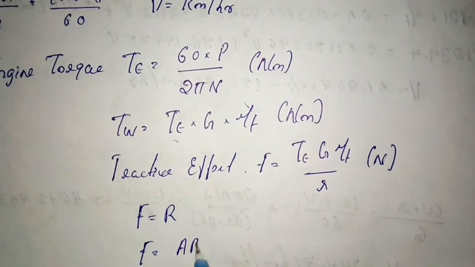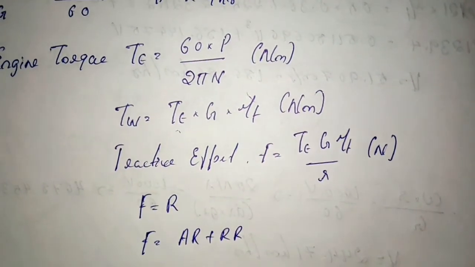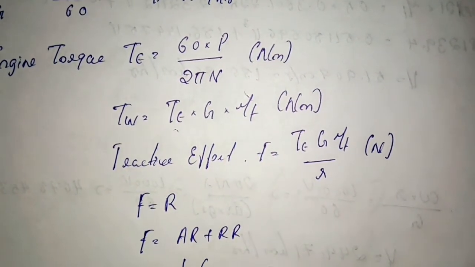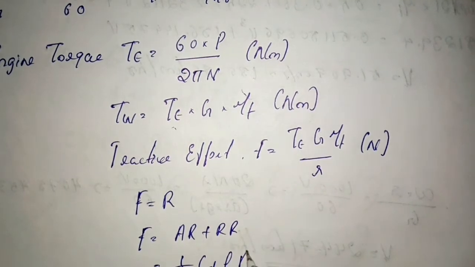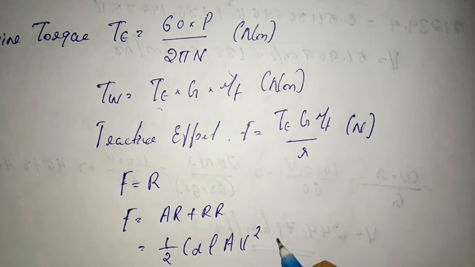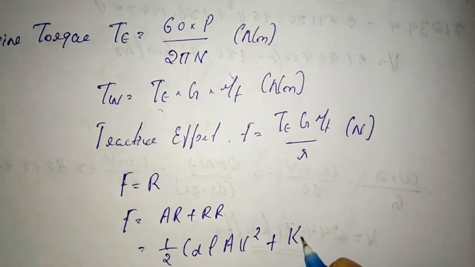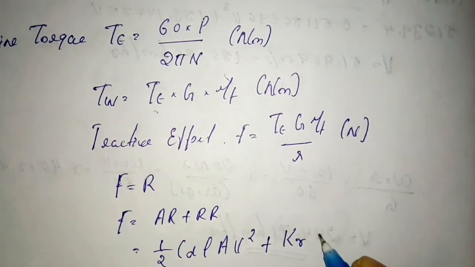So we can substitute it as half CD rho A V square, which is the air resistance drag force equation, plus the rolling resistance force equation, which is f times W, plus downforce df.